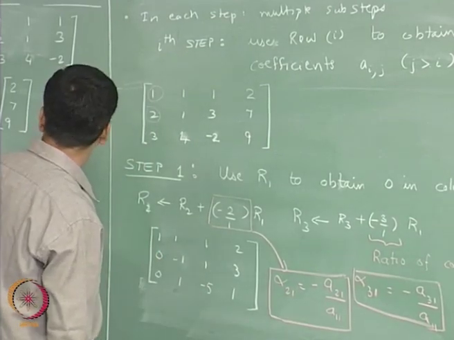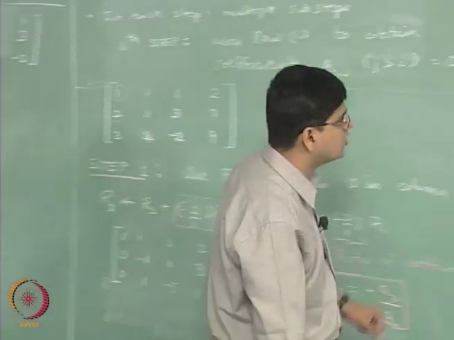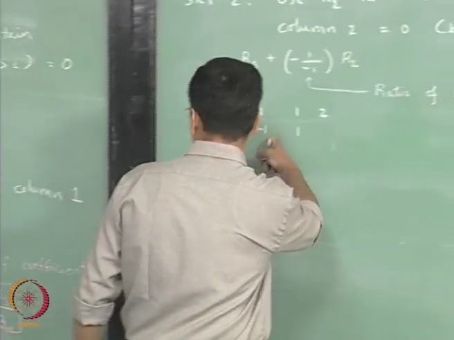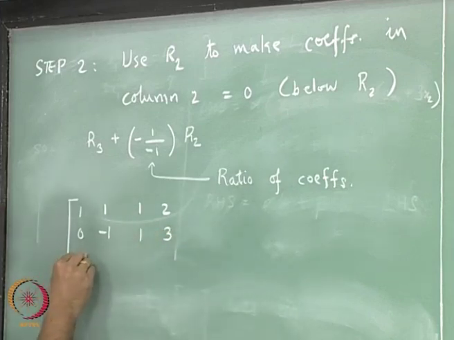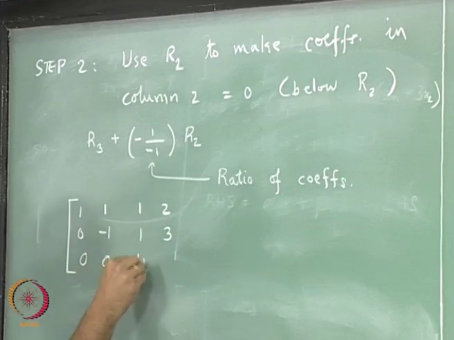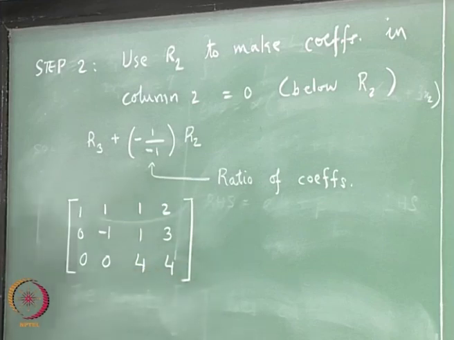Okay. So, this is what we ought to be getting. So, we will get 0 minus 1 1 3 and 0 0 4 4. Okay. So, this is what we will get.